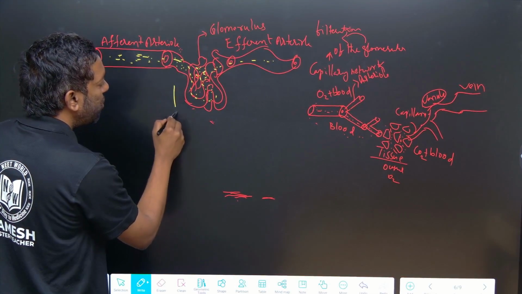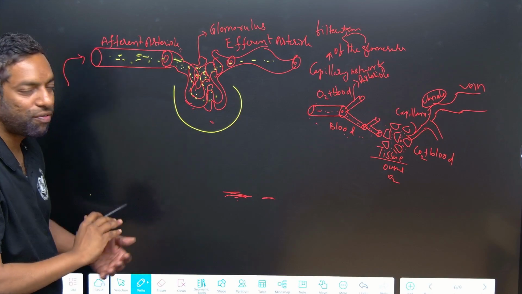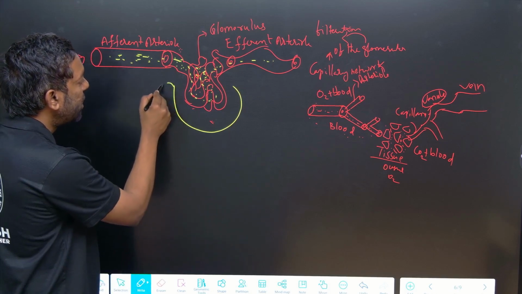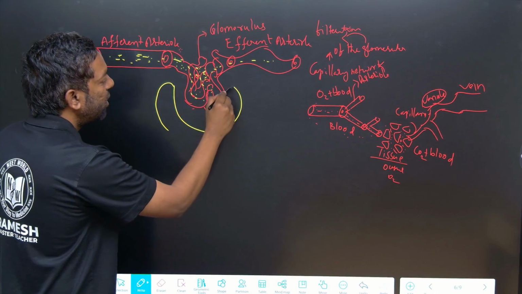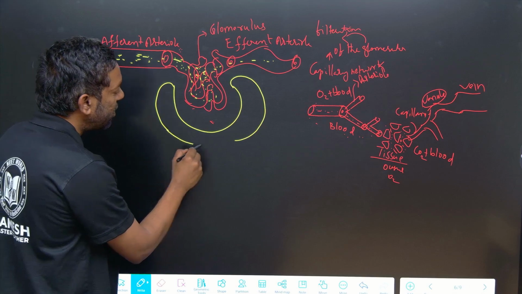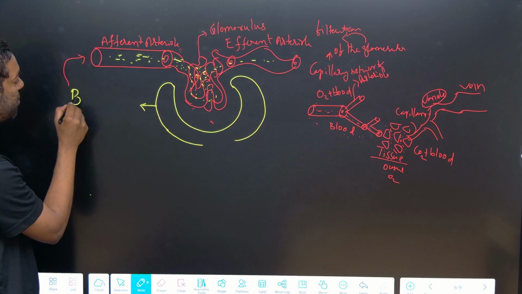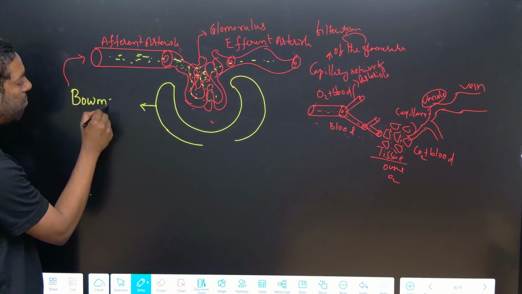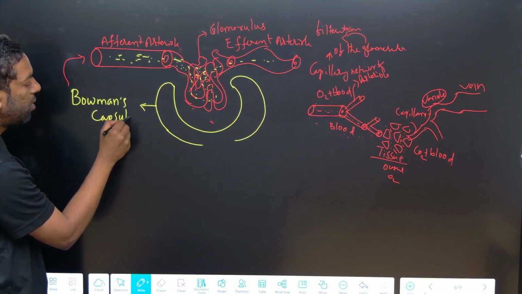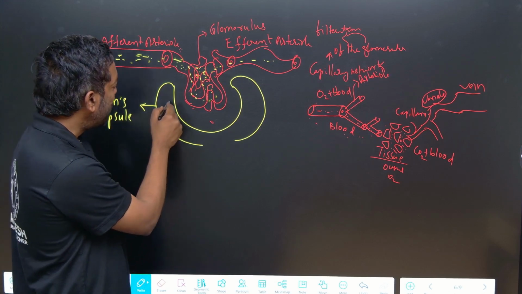But what about the urea? To filter the urea, there is a need for a cup-like structure, which we call Bowman's capsule.